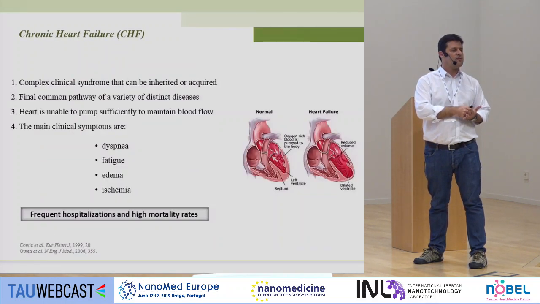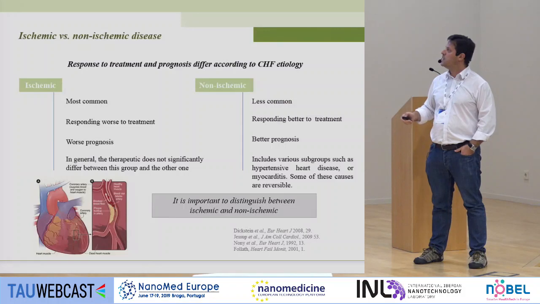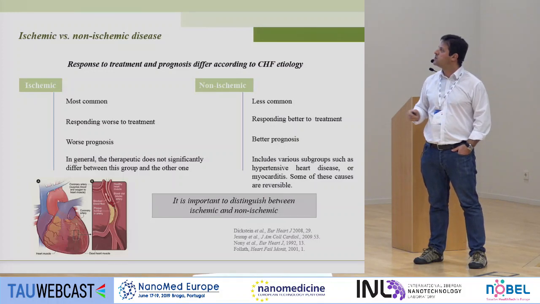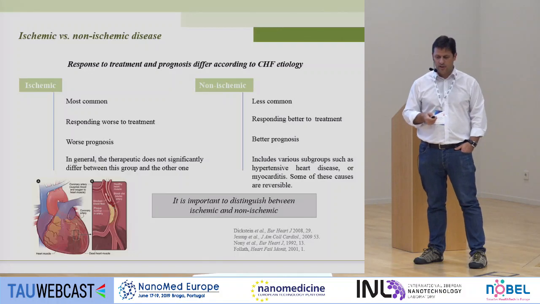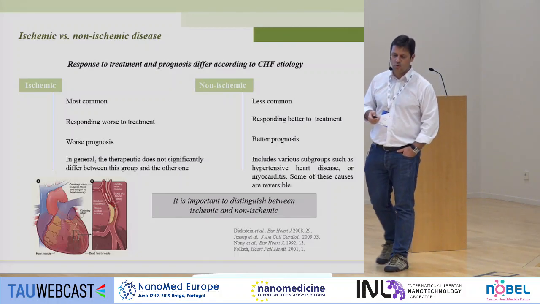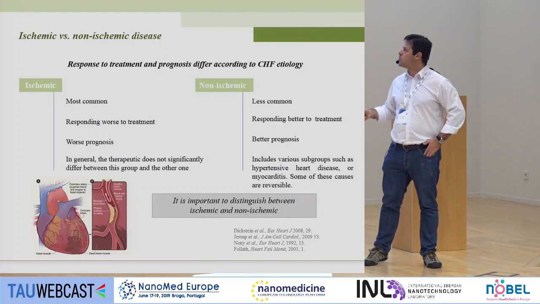Which cardiovascular diseases did we address? First of all, chronic heart failure, which can be divided by etiology into ischemic and non-ischemic heart failure, in which the ischemic is the most common, the one responding worst to treatment, and also the one with the worst prognosis.